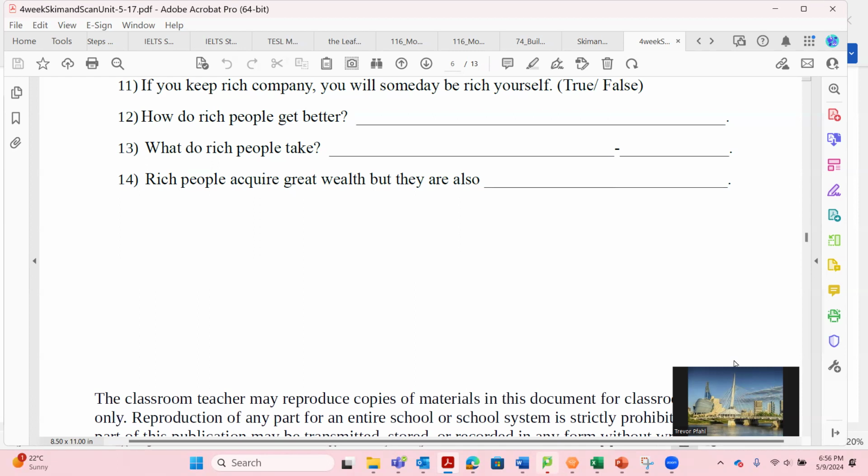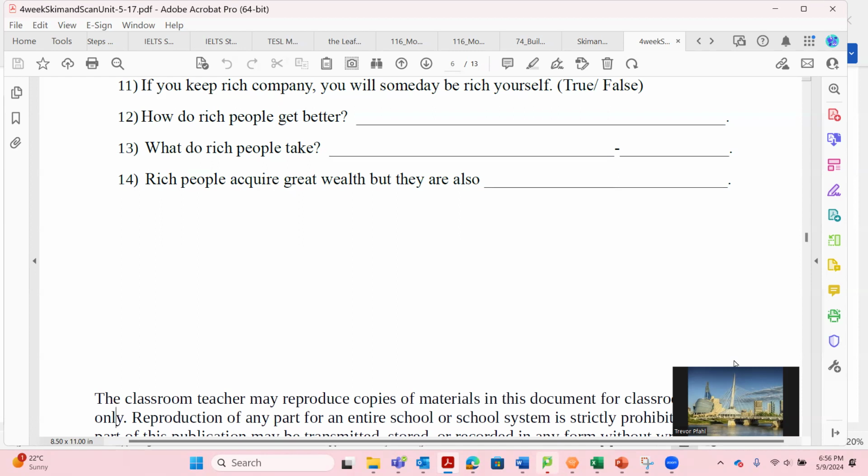Well, how do they get better? Yeah. So if you look at number 8, towards the bottom, there's a sentence where you will become better. You'll keep getting better by learning from your mistakes and experiences.